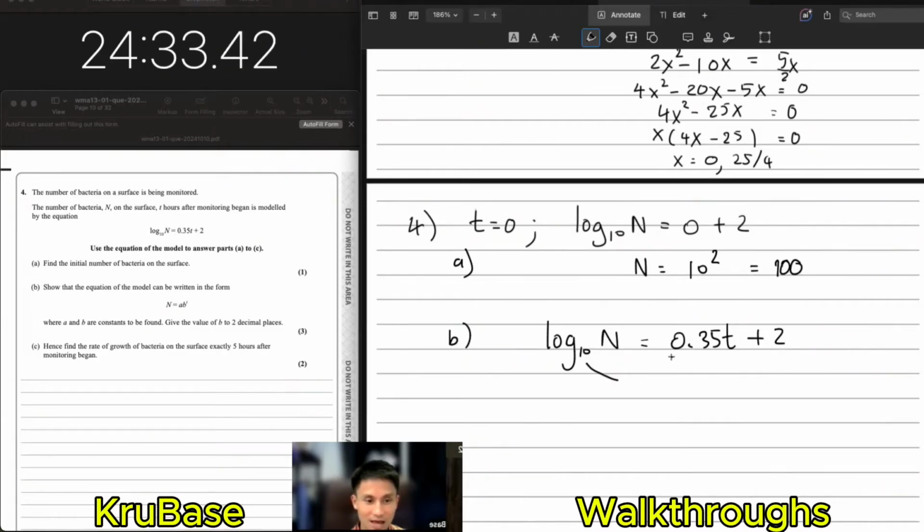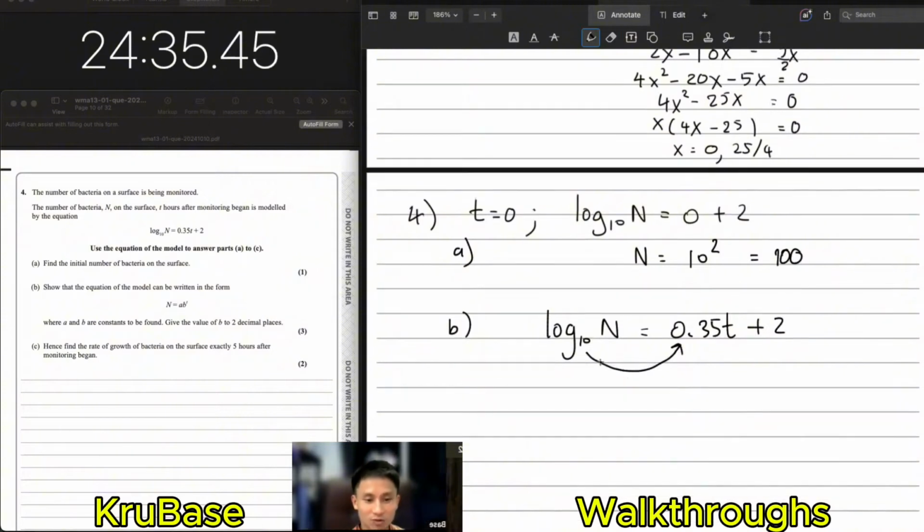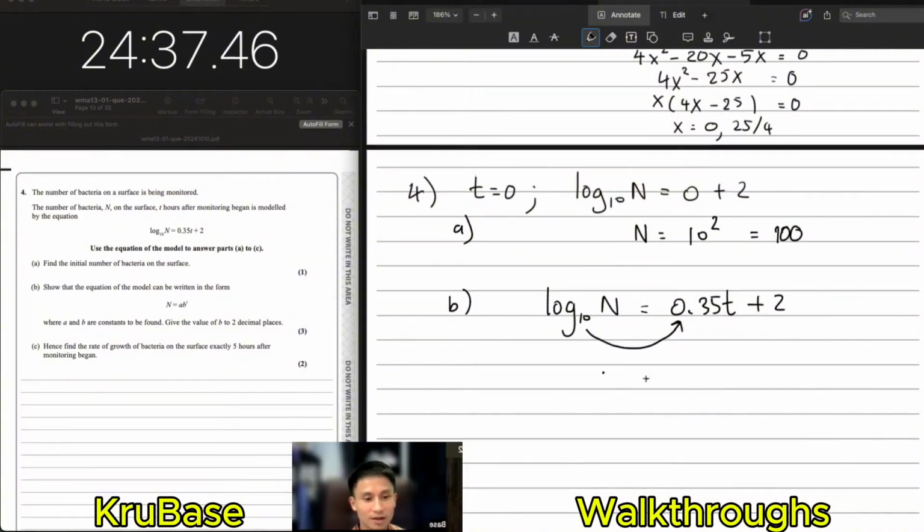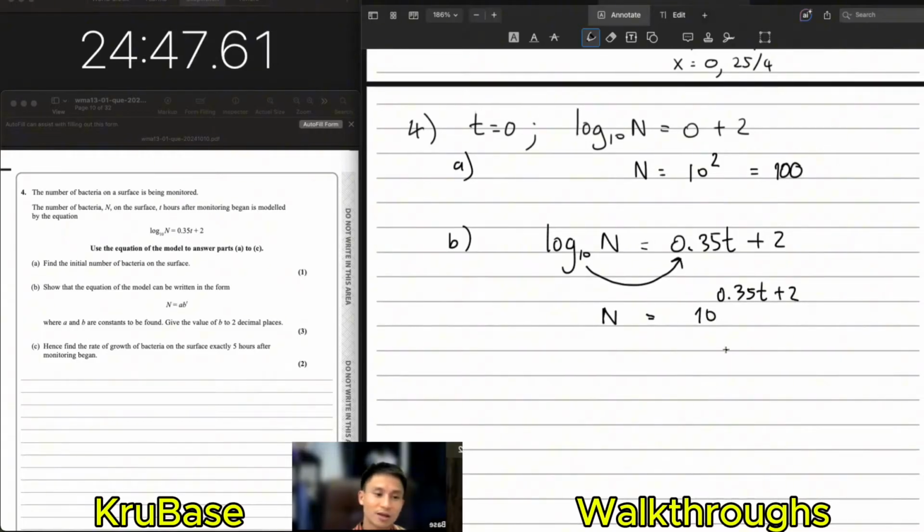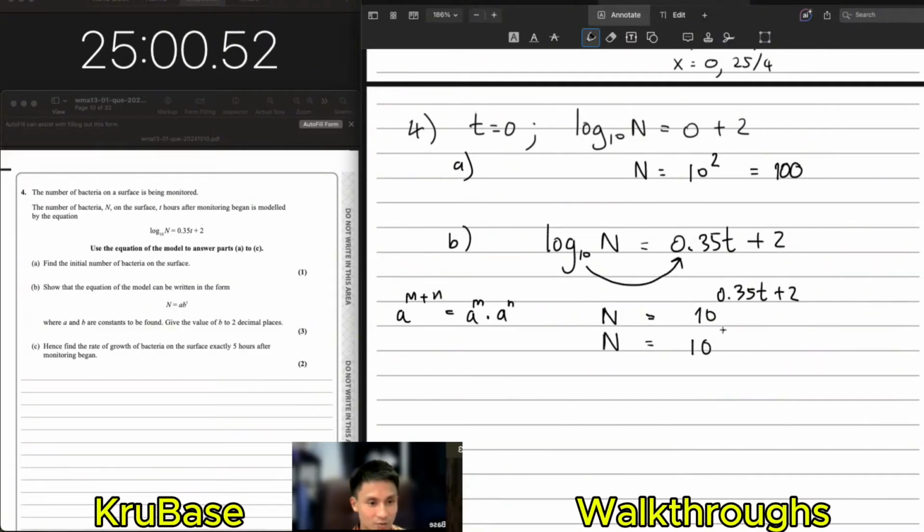So n here would be equal to 10 raised to the power of the whole thing on the right side. Pretty easy. Then using the laws of indices, when we have a to the m plus n, we can split it into a to the m times a to the n. So that would be 10 to the power of 0.35t times 10 to the 2.